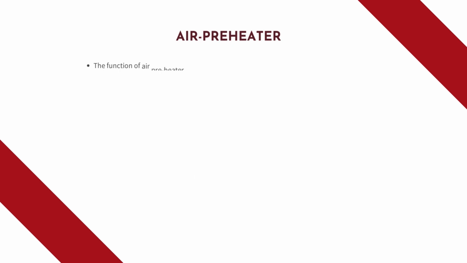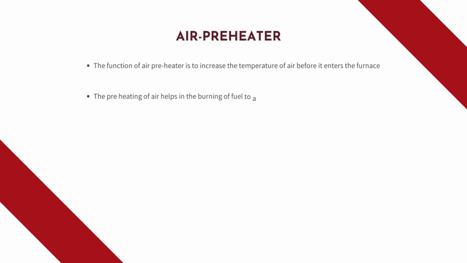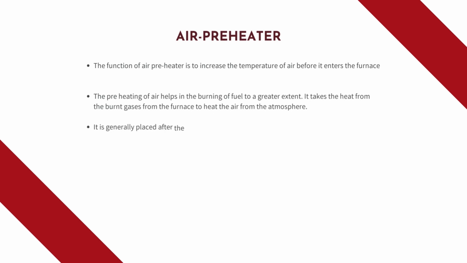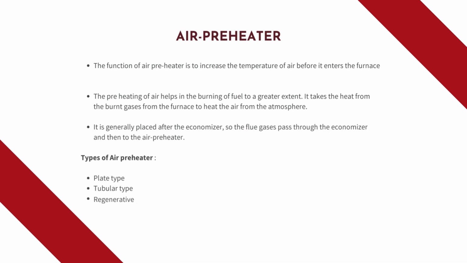The function of the air preheater is to increase the temperature of air before it enters the furnace. The preheating of air helps in the burning of fuel to a greater extent. It takes the heat from the burnt gases from the furnace to heat the air from the atmosphere. It is generally placed after the economizer.